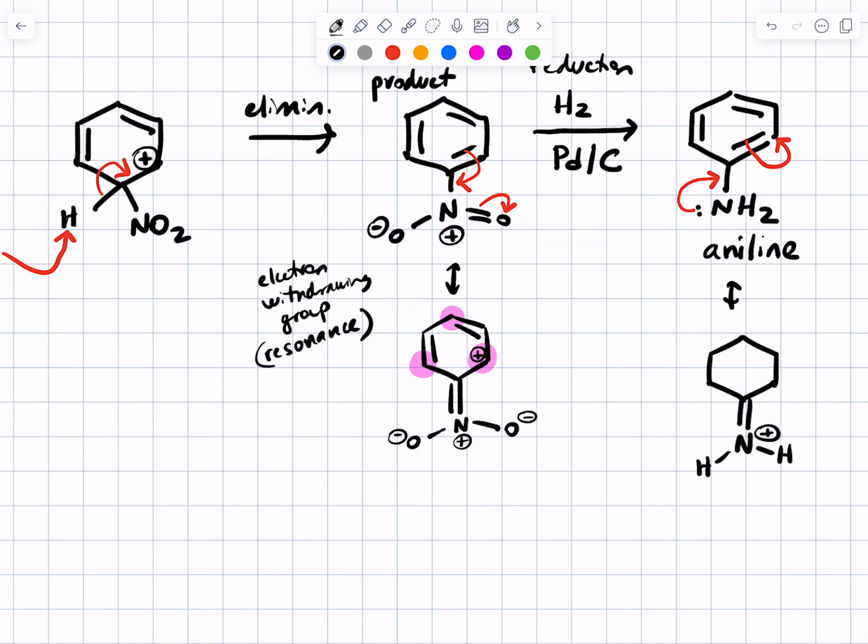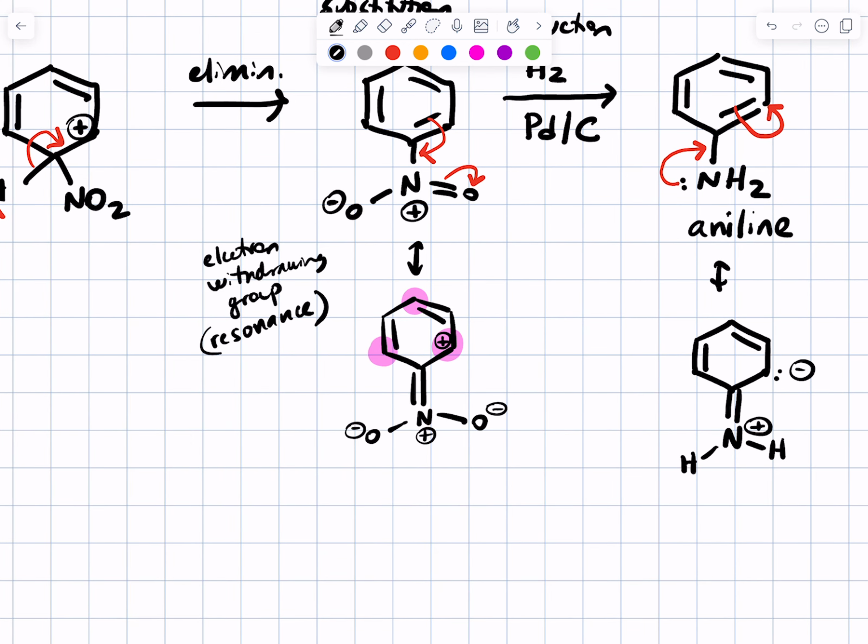And again, you can argue that this resonance structure is a minor contributor, and you're right, but what it tells you is the effect of that aniline nitrogen is to donate electron density into the ring.